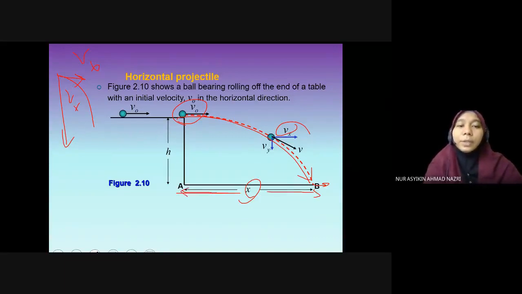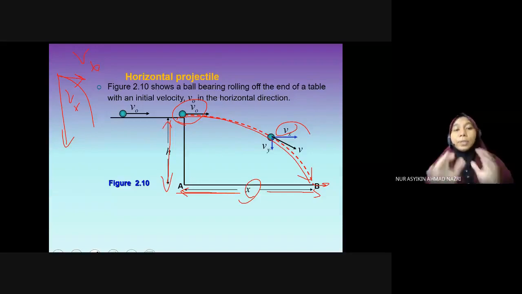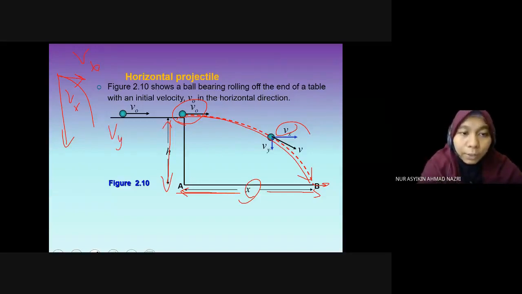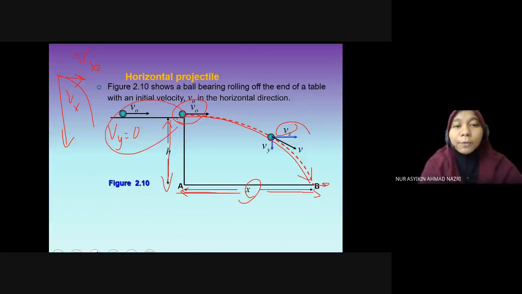So for this case, your maximum x is here, and your maximum h is here. Again, when we say maximum height, you need to always remember that your Vy equals 0. Does this apply for this case? It still applies for this case also. Here it does have initial velocity, but in the x direction.